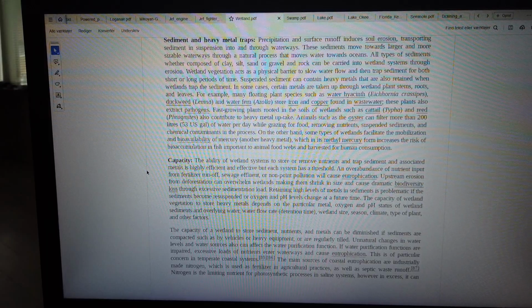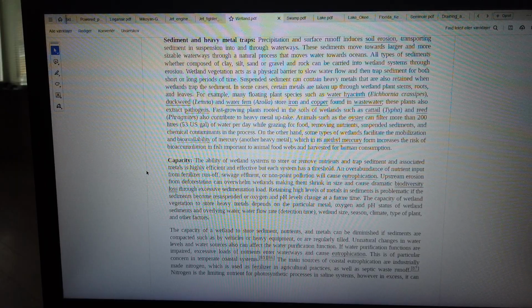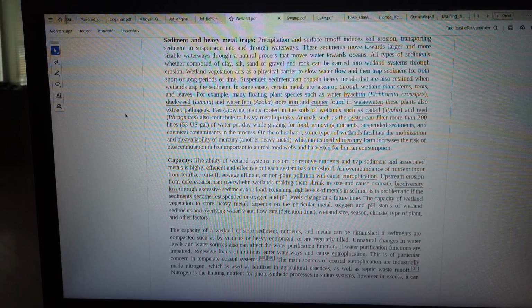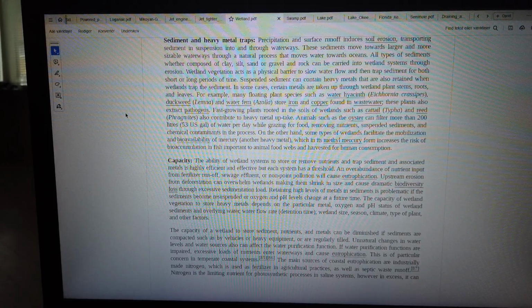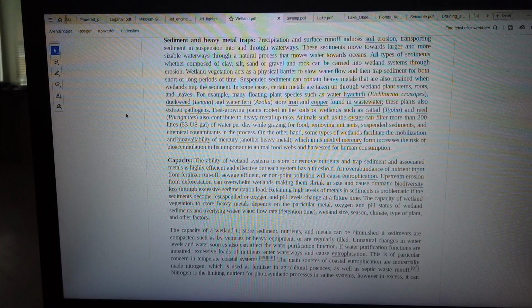The capacity of a wetland to store sediment, nutrients, and metals can be diminished if sediments are compacted, such as by vehicles or heavy equipment, or are regularly tilled. Unnatural changes in water levels and water sources also can affect the water purification function.